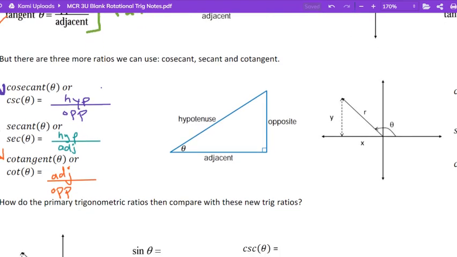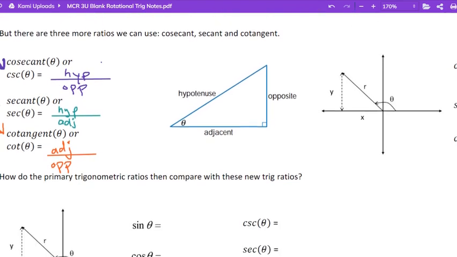Now, keeping in mind that in rotational trigonometry, we're not using hypotenuse, opposite, and adjacent, but instead we're using x, y, and r, let's write the formulas for cosecant, secant, cotangent. So if sine is y over r, cosecant is going to be r over y. I'm going to change the color to make it color coordinated.